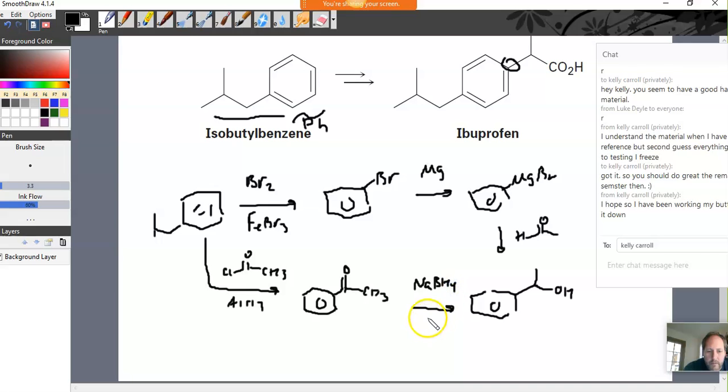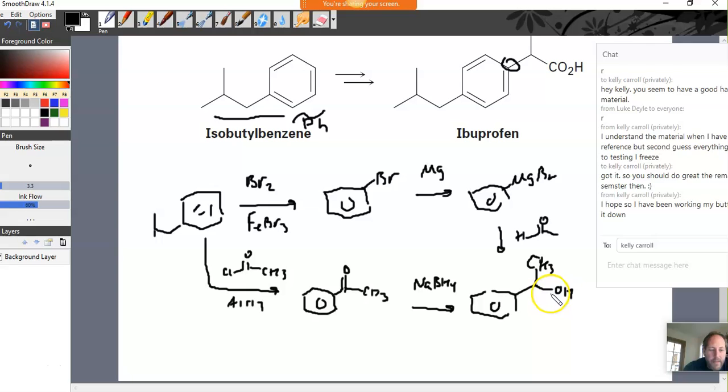So there are two different ways, but you basically have to get to this alcohol. That's kind of where you have to get to. And there are two ways. Either make it into a Grignard and add it to an aldehyde, or just do the Friedel-Crafts acylation and make it into the alcohol.